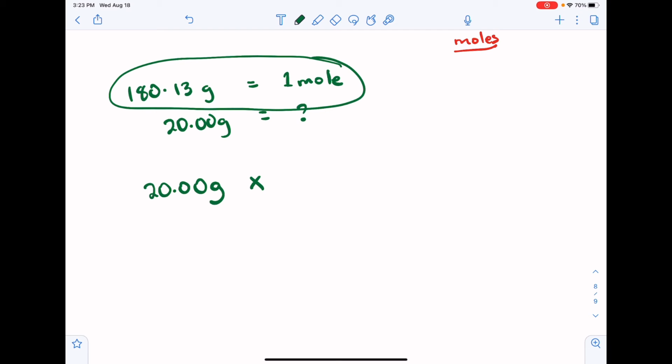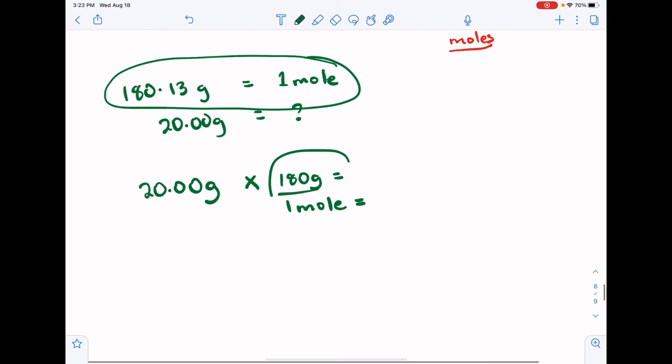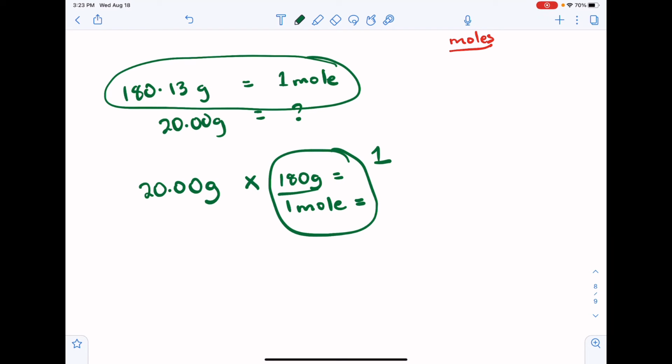So if I say here times 180 grams divided by 1 mole, since these two things are equivalent, this fraction here equals 1. So I have not changed the amount at all, because it's like I took 20 grams and I multiplied it by 1. Okay?